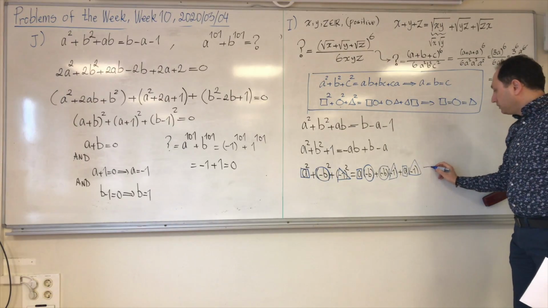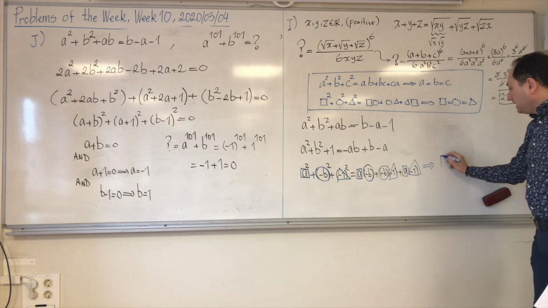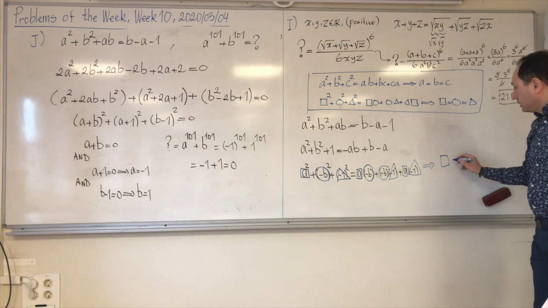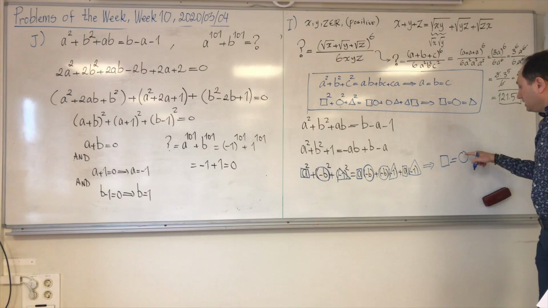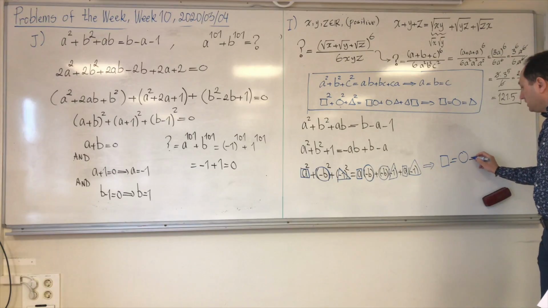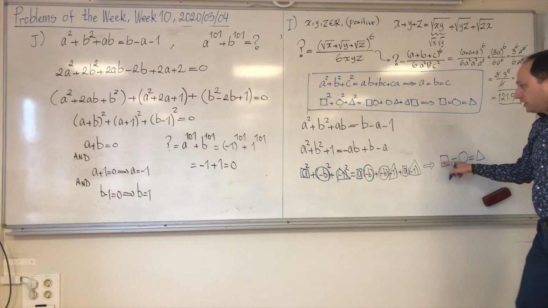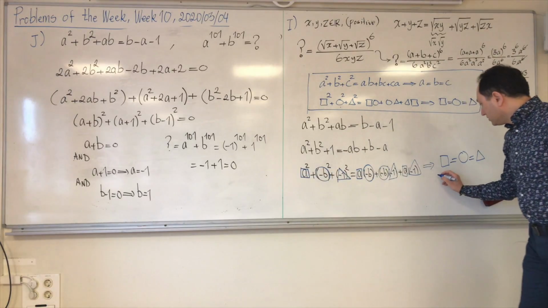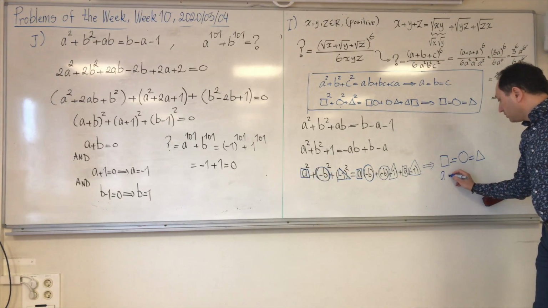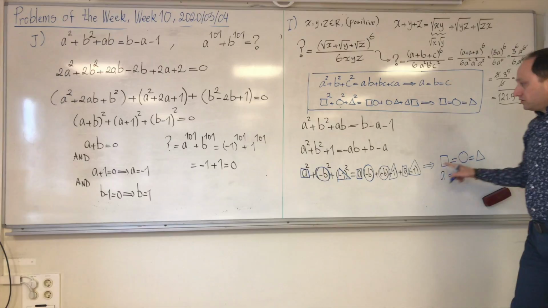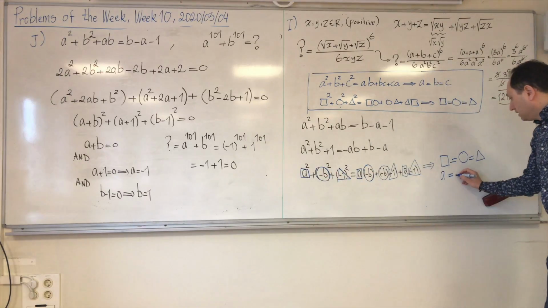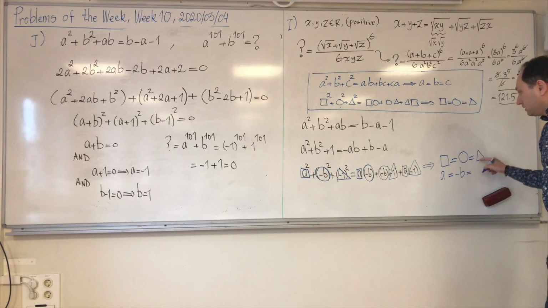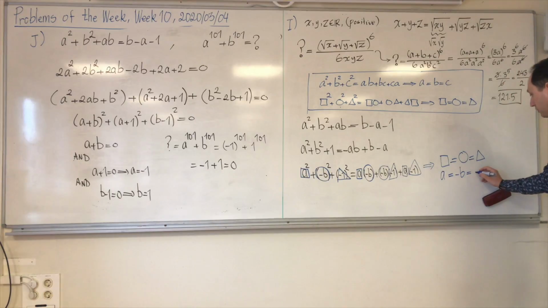So then, according to that theorem, this means that what is inside the box is equal to what is inside the circle is equal to what is inside the triangle. But what is inside the box is just a. So it means that a is equal to what is inside the circle, minus b, and what is inside the triangle, minus 1.